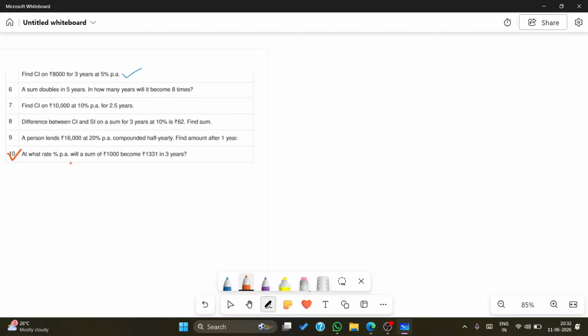At what rate percent per annum will a sum of rupees 10,000 become 13,310 in 3 years.